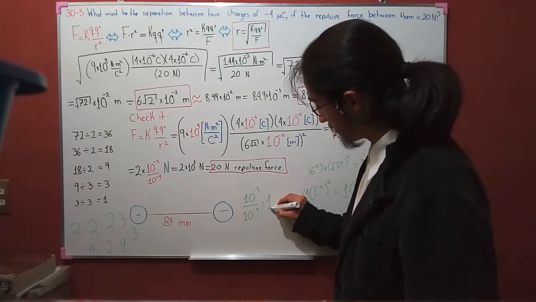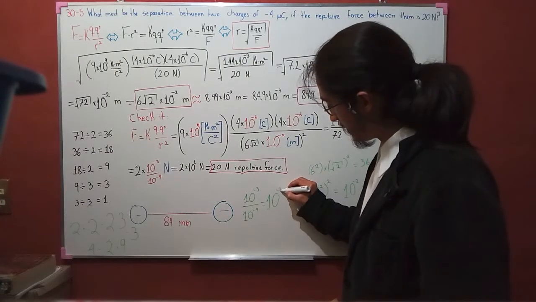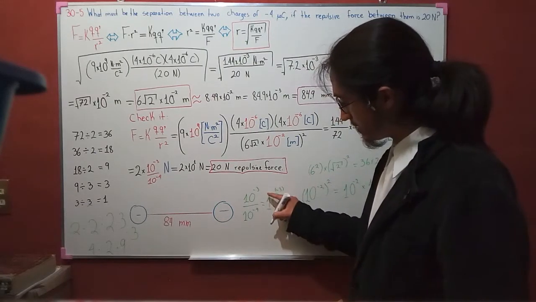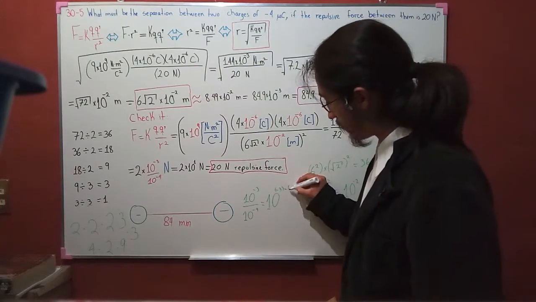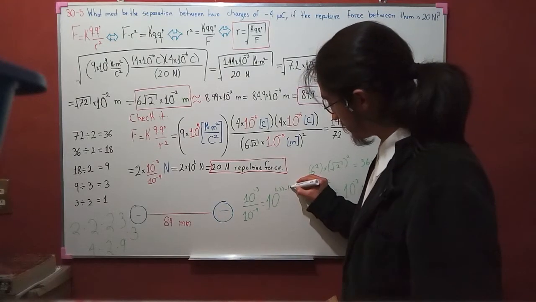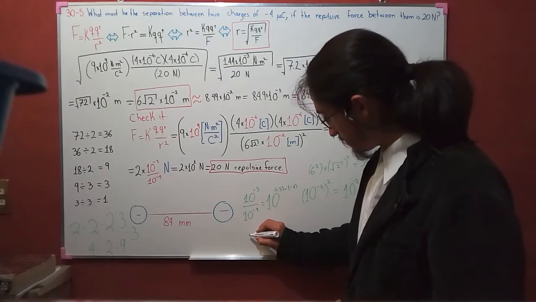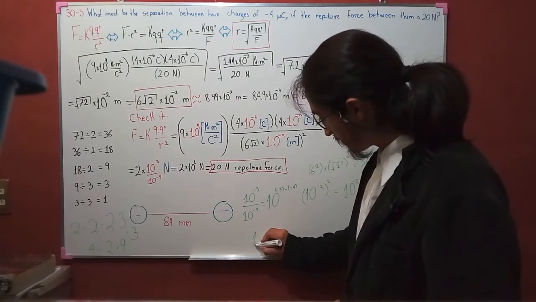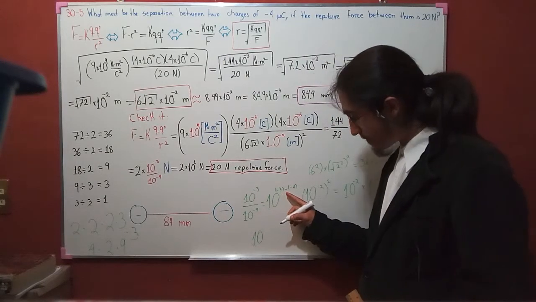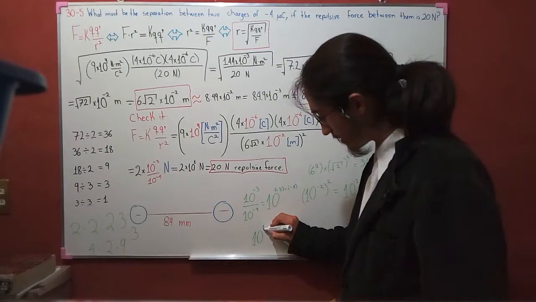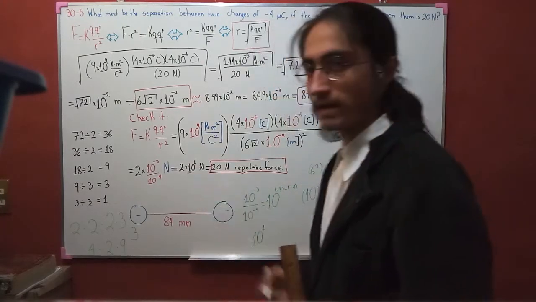I write 10, then I write negative 3 closed by parentheses, then the symbol of raised, and then open parentheses, negative 4. It's equal to 10 raised to the power of negative 3 minus negative 4 equal 1. So, 10 raised to the power of 1.